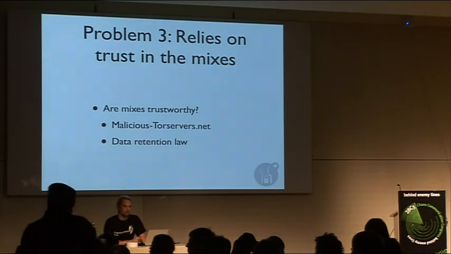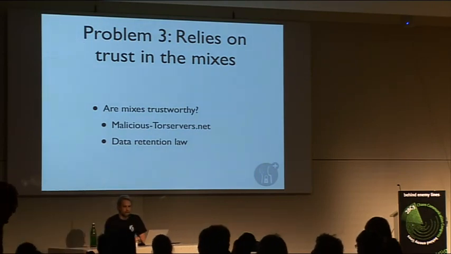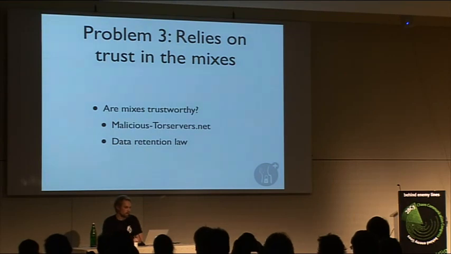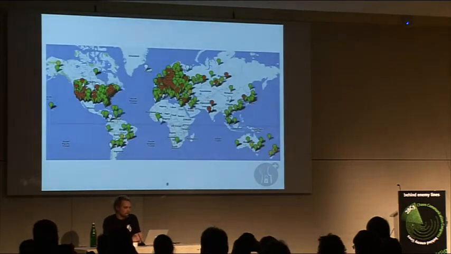So if a law would enforce the operators of anonymity services to open up all the connections, all the mixing techniques that they are doing, then the anonymity would be easily unveiled, as you can see on this picture.